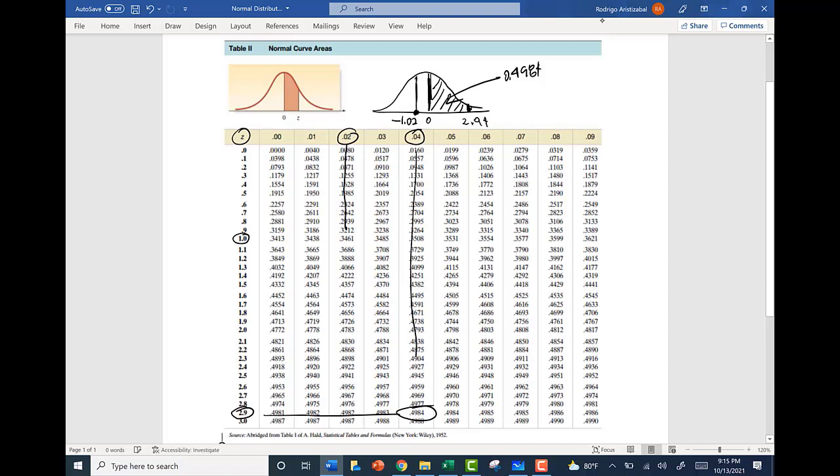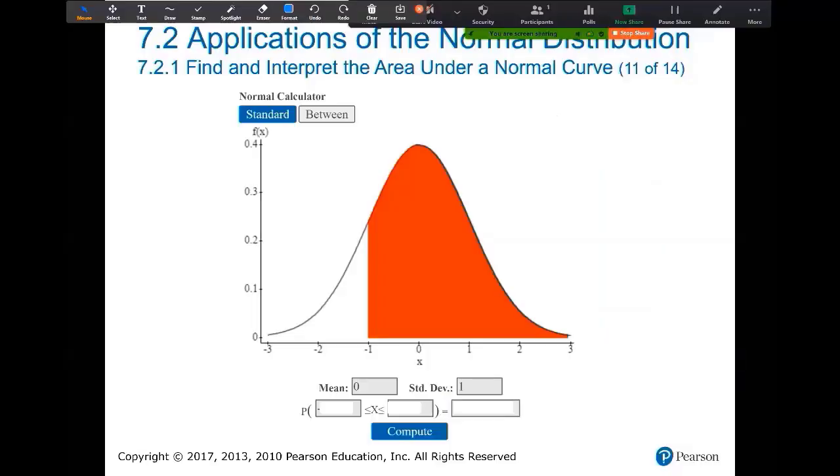Then this area is 0.3461, equivalent to this other area. If we sum these two areas, we obtain 0.8445, which is the same result we obtained using the two traditional z-score tables. You can do this very easily in StatCrunch.